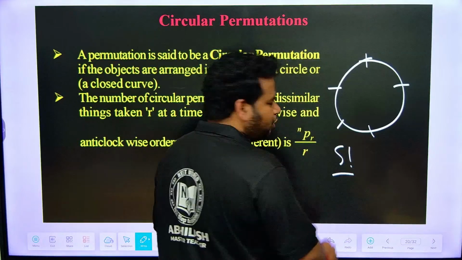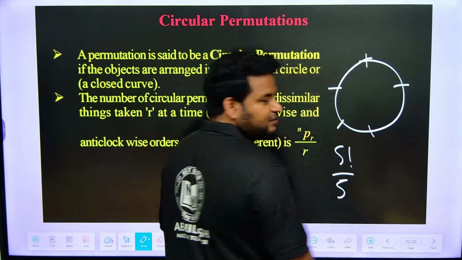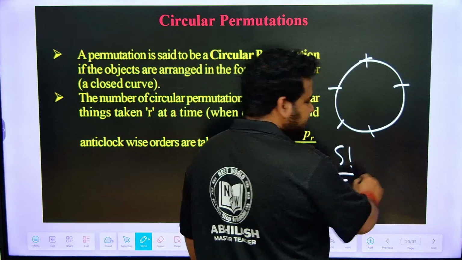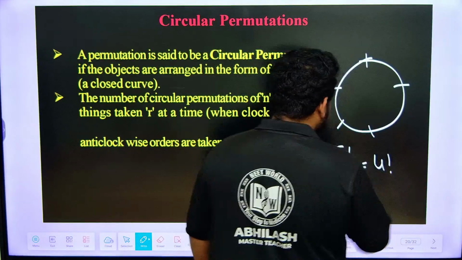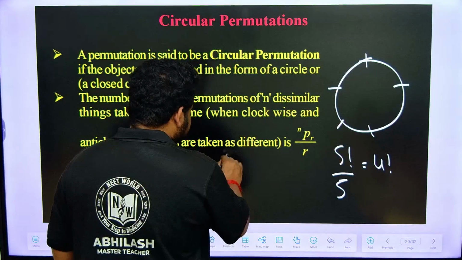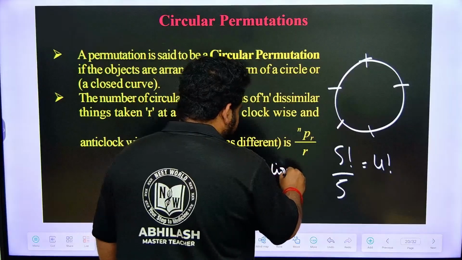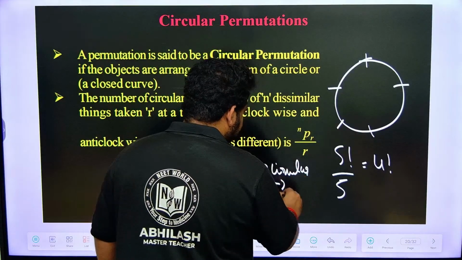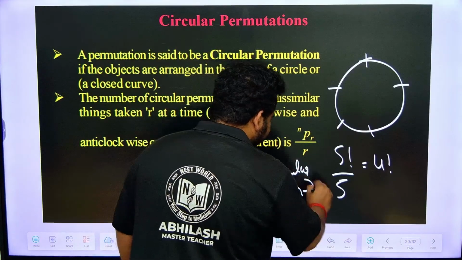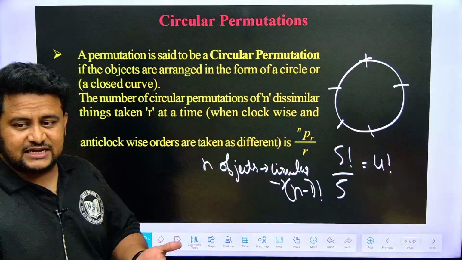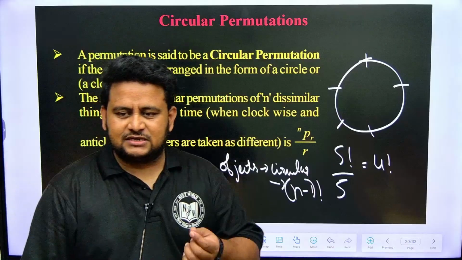But the formula says 5 factorial divided by 5. 5 into 4 into something, the 5 cancels, and the answer will be 4 factorial. So if you want to arrange n objects in a circle, the answer will be n minus 1 factorial. You have to remember n minus 1 factorial. In linear, with n objects and n places, it is n factorial.